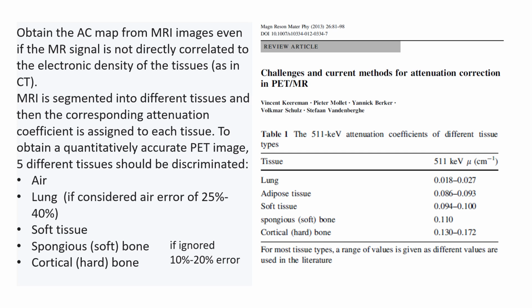And they are air, lung, soft tissue, spongious bone and cortical bone. If the lung would be considered air, it could cause an error of 25 to 40%, and also the difference between spongious and cortical bone can cause not negligible error if ignored.